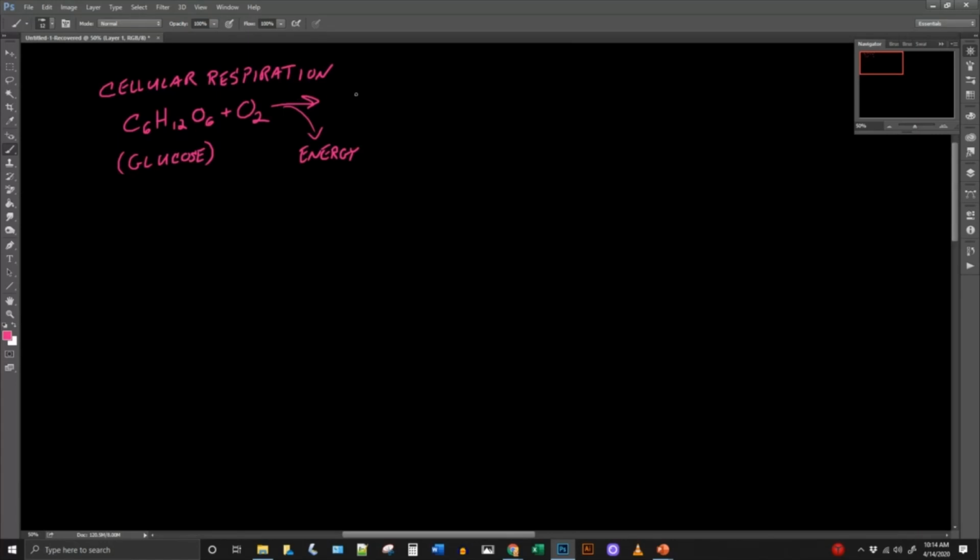They release energy. Now, the material of the glucose and the oxygen is going to be converted into 6CO2 and 6H2O. Okay? So that's just the physical material, but the energy is going to be stored somewhere else.